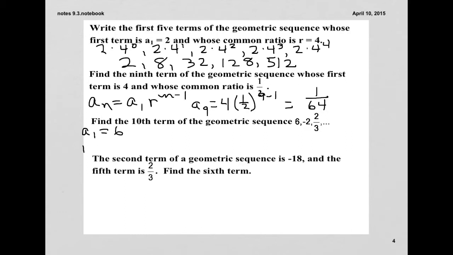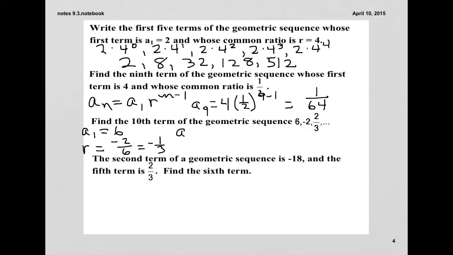but we need r, and r is going to be equal to the second term, negative 2, divided by the first term, 6, which is negative 1/3. Okay, now we have our a sub 1 and we have our r. We're ready to plug into our formula.